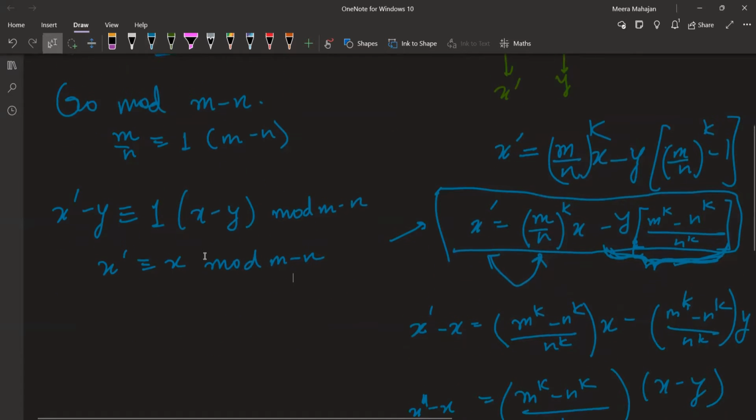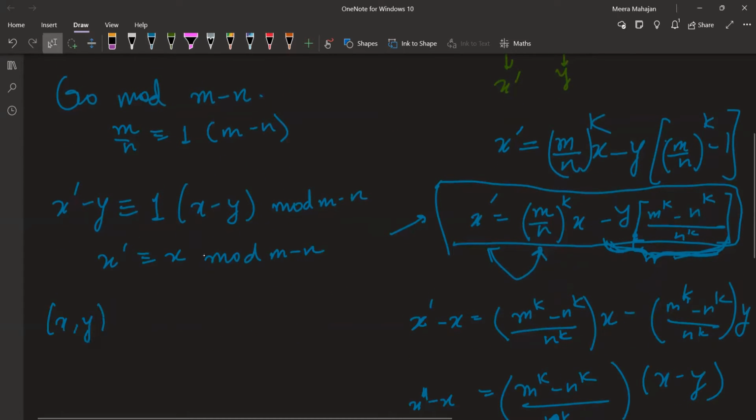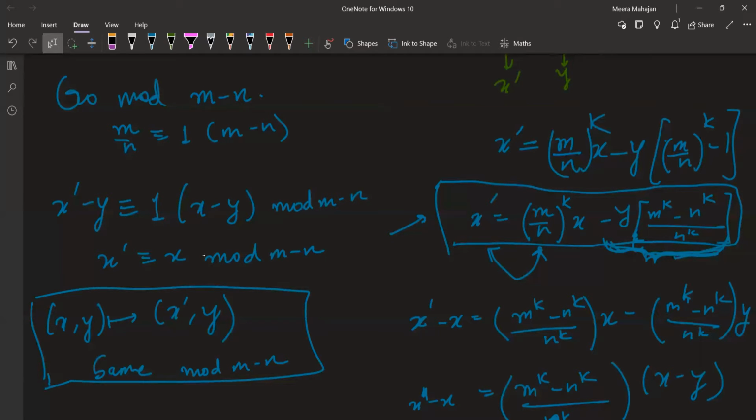Yes. So what this really implies is, we had x comma y, and then we moved to x prime, y prime. Note that x and x prime are the same, and y and y prime are the same, mod m minus n. This is a very important thing because now we have a relation in x prime modulo m minus n.